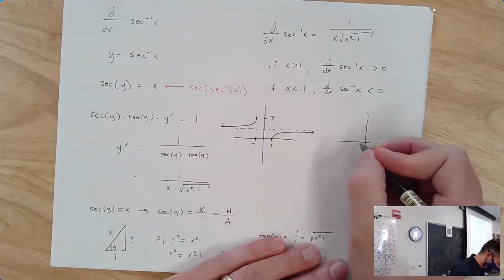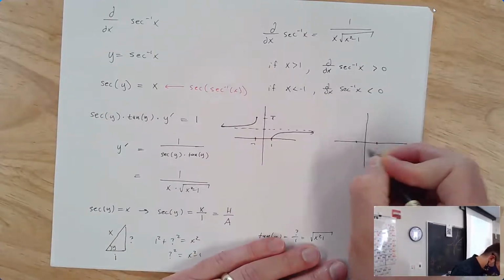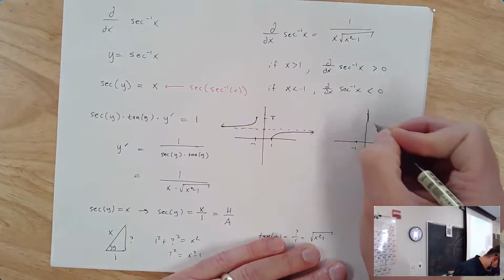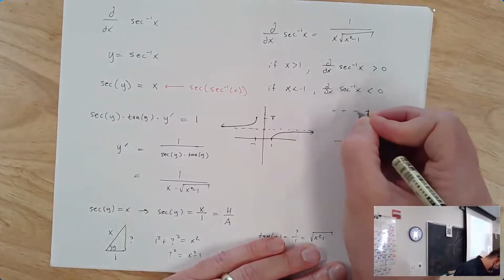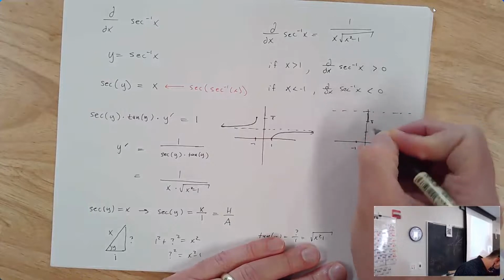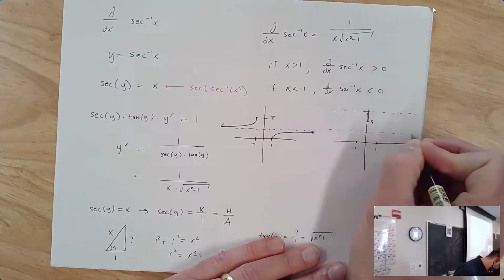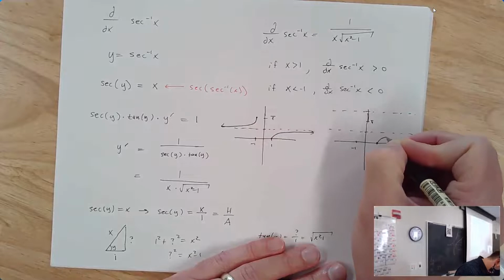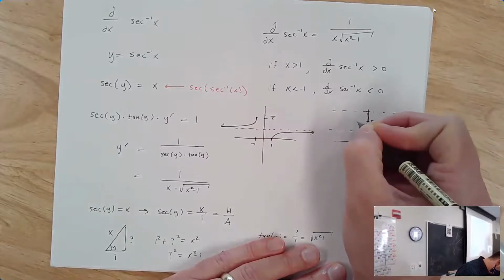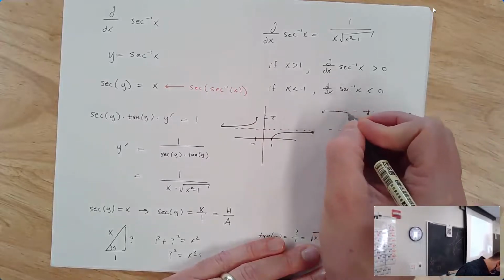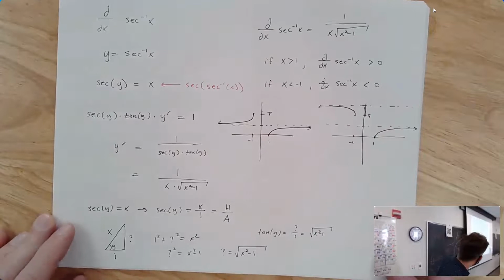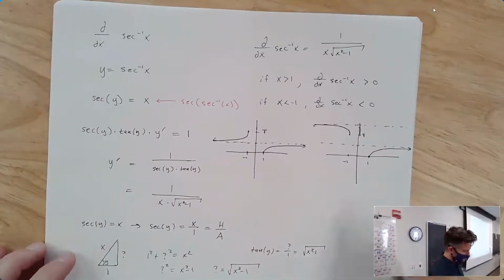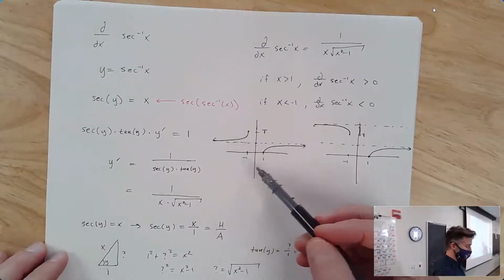And here's the other one that I don't like as much. So let me ask you all, which of these graphs does this derivative go with? The one on the left or the one on the right?